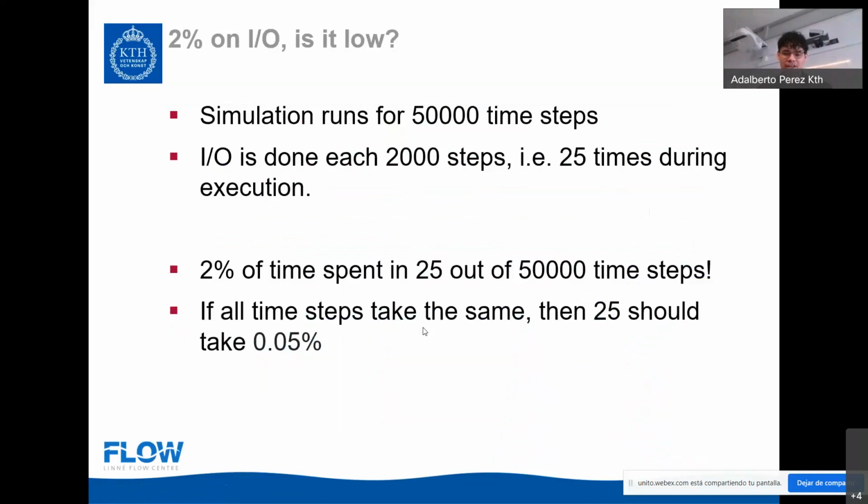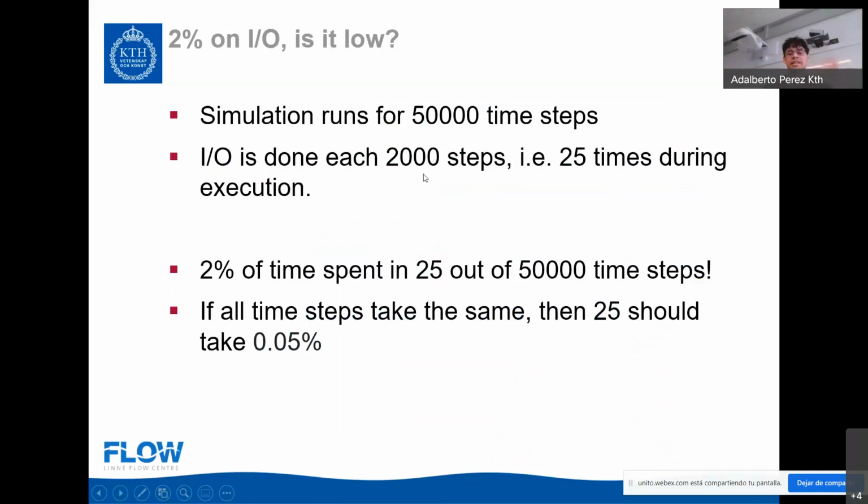But I would argue that this is something that we choose, and we choose it because otherwise we affect performance too much. For example, this simulation ran for 50,000 time steps. And out of those 50,000 time steps, we perform I/O in 25 time steps, right? And that took 2%.